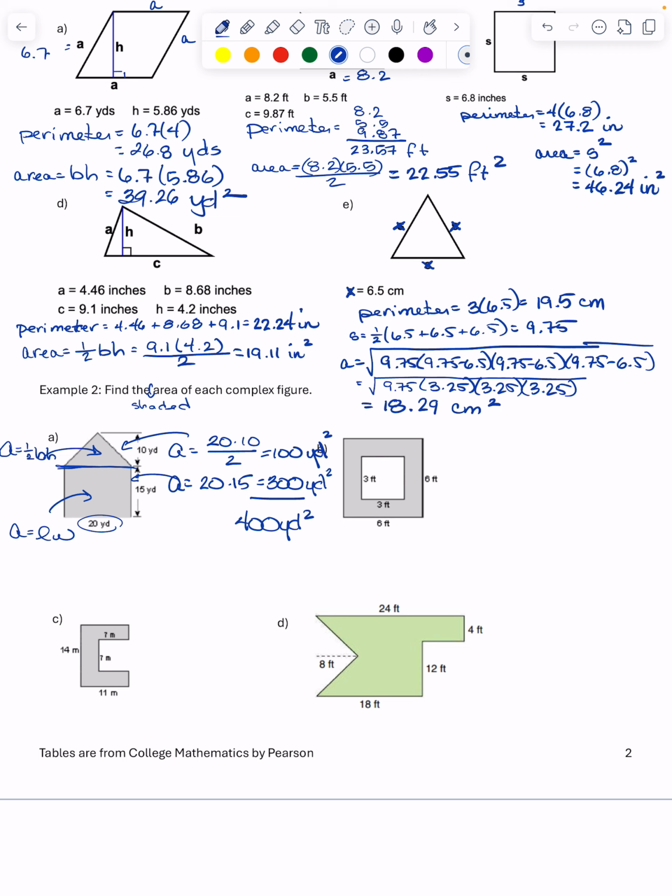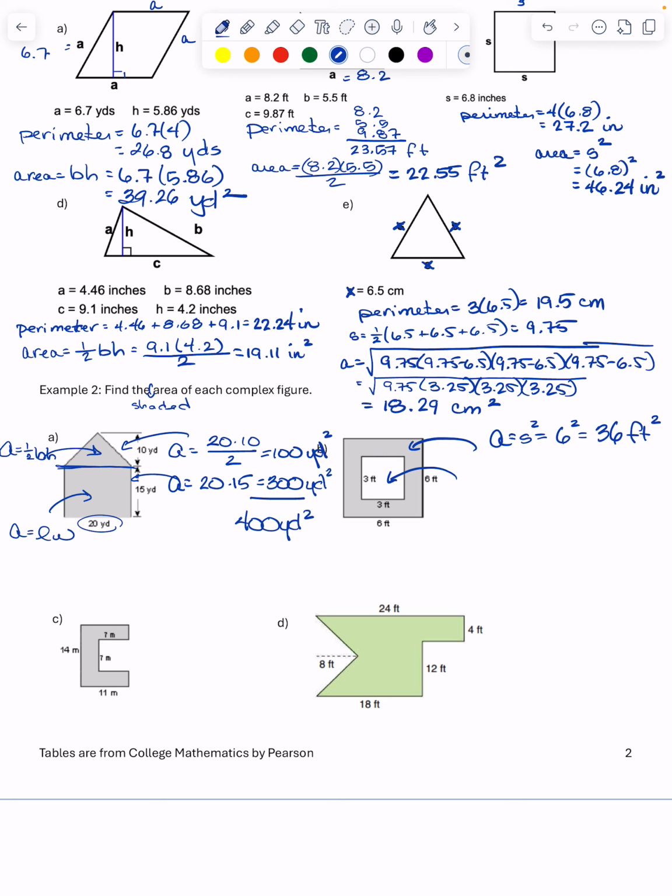I have an outside square where the area is going to be side squared, so 6 times 6. I got 36 square feet. I have this inside square that I got to take out. That is not included in my total area.